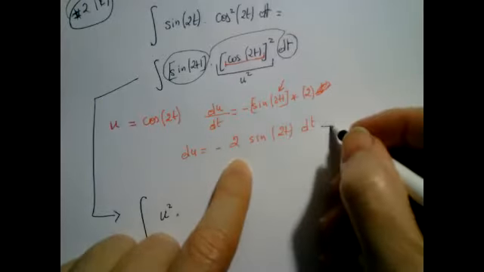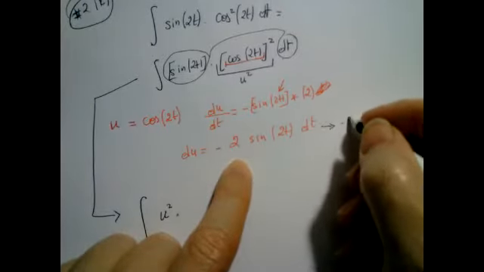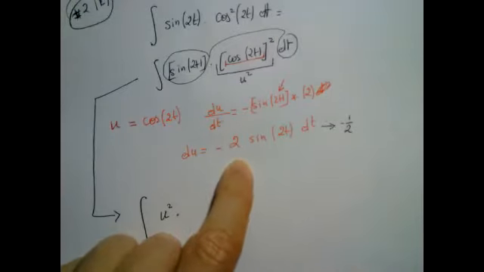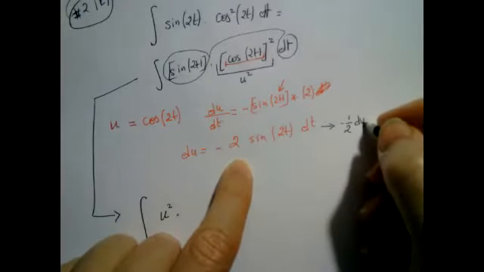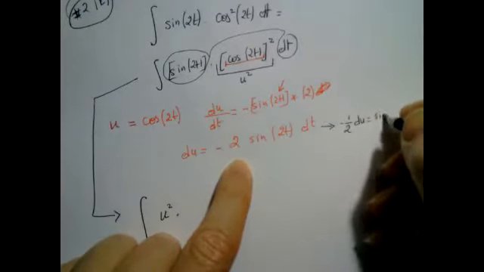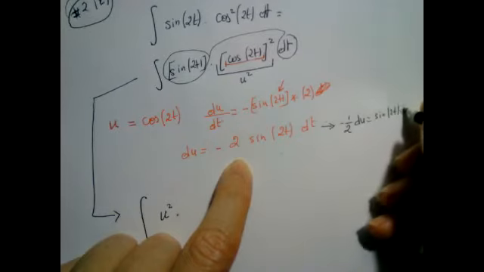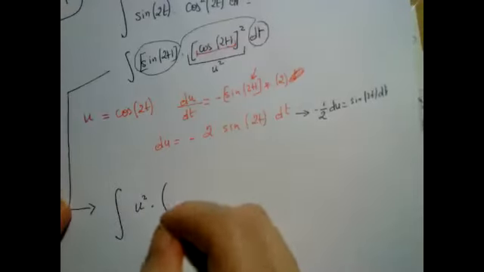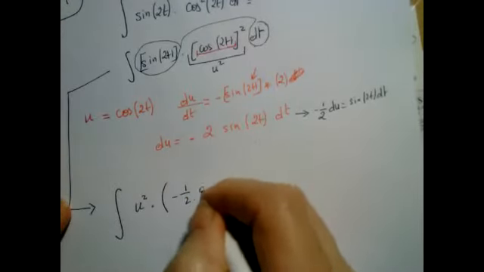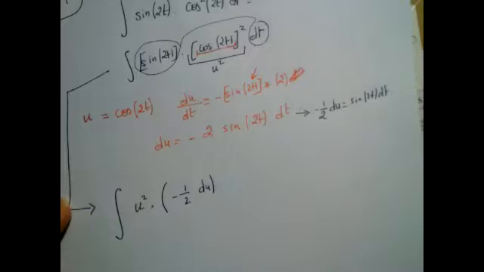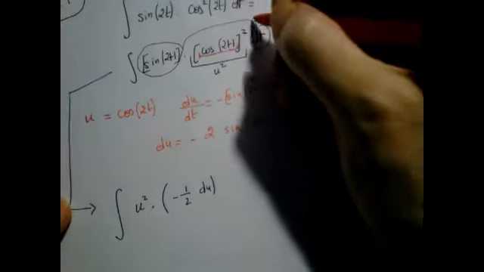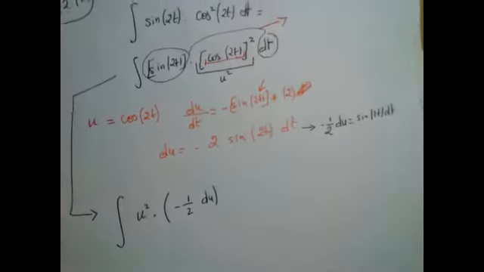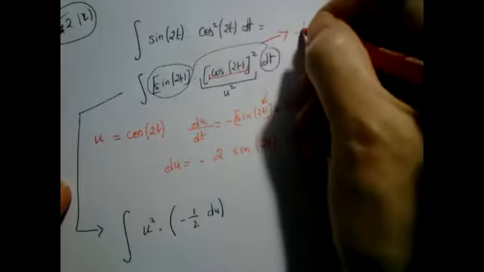If I divide by minus 2, or I multiply by minus a half, I will have minus a half du is the sine 2t dt. So now I will have u squared times minus a half du.